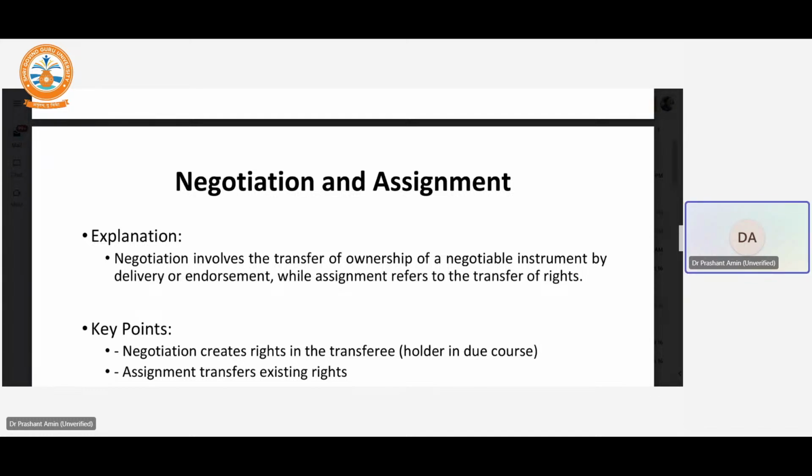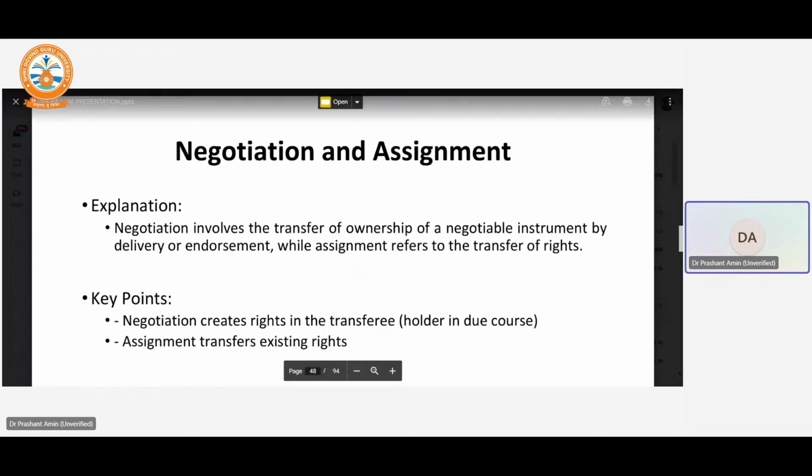So right now, under the new amendment to the Negotiable Instruments Act, section 138 is a punishable offense, right?